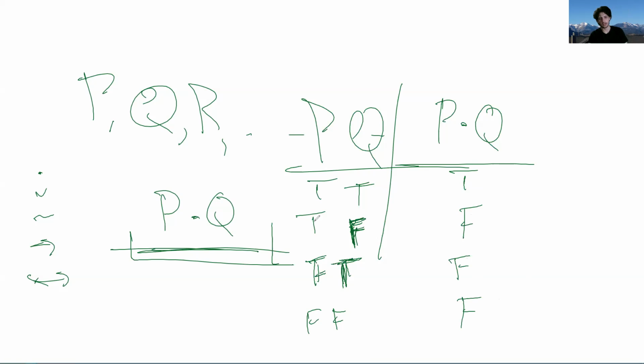So one thing we could see from this is that suppose you already start off knowing that P and Q is true.